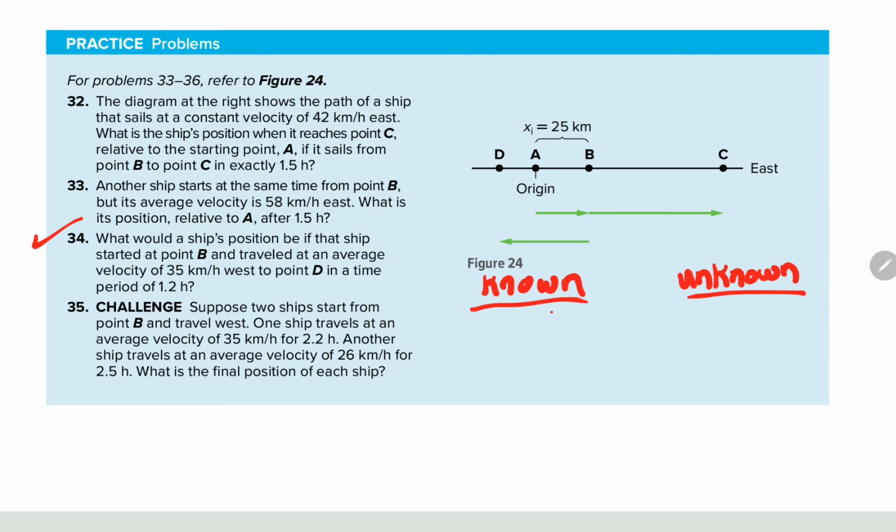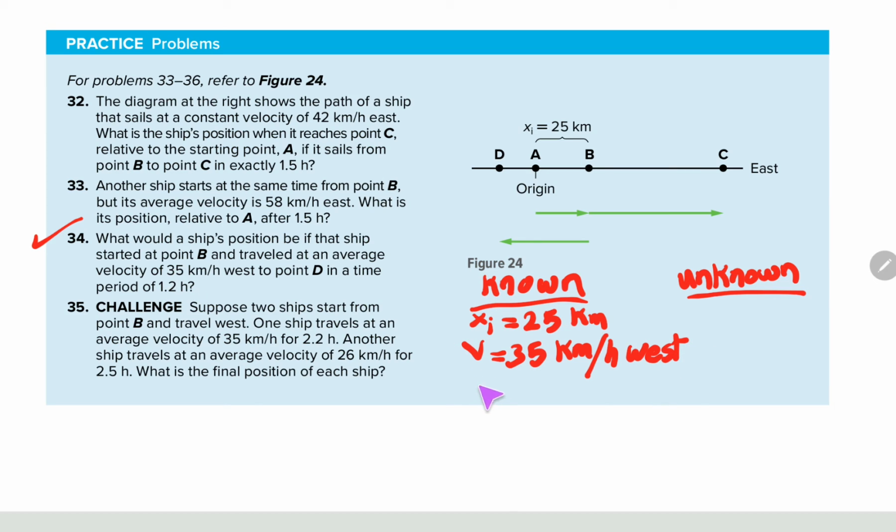The known here, we have x initial equal to 25 kilometers. And also we have in the question a velocity of 35 kilometers per hour west. So we have velocity equal to 35 kilometers per hour west.